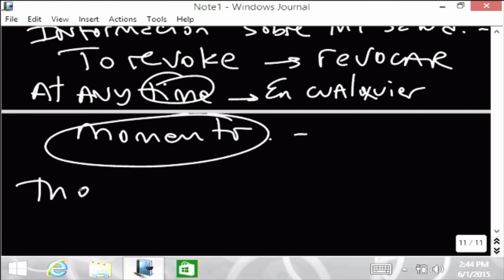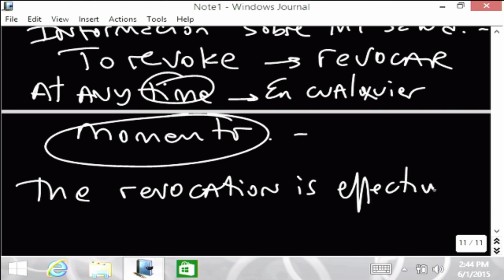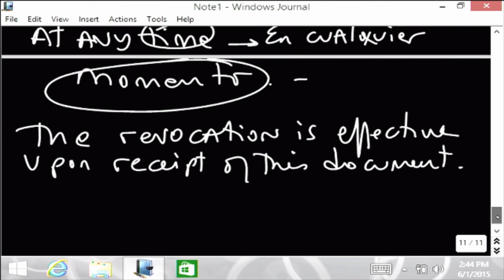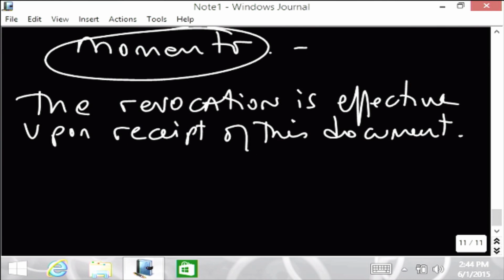Sometimes it says the revocation is effective upon receipt of this document. Now, we know that revocation is la revocación. And then we have this is effective. ¿Es efectiva? No. ¿Tiene efecto?